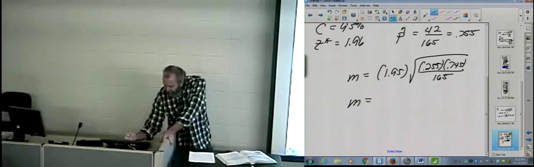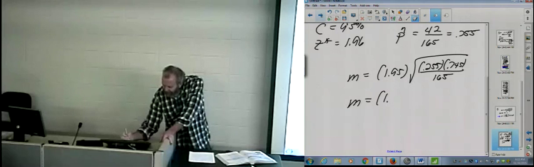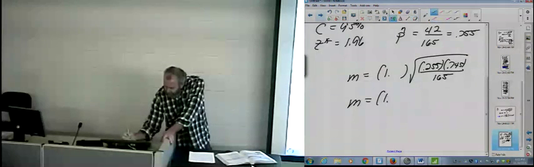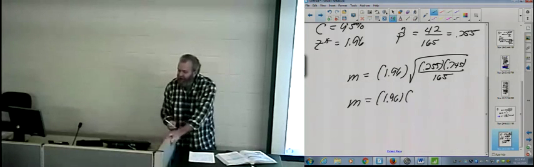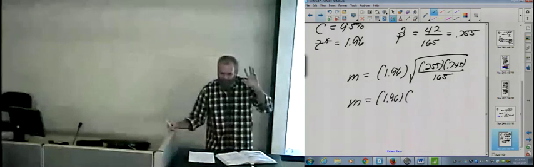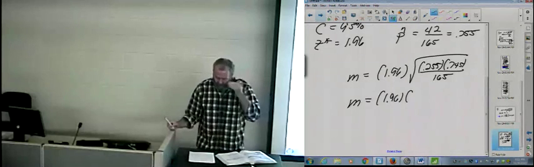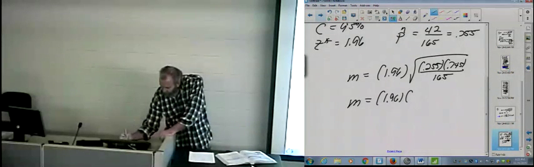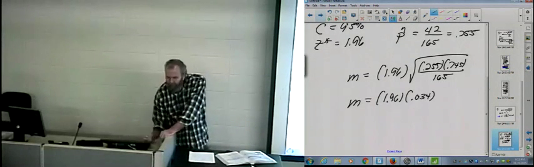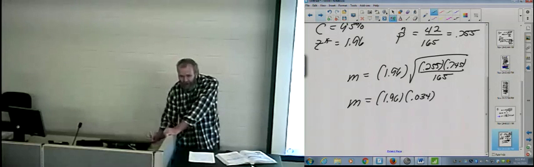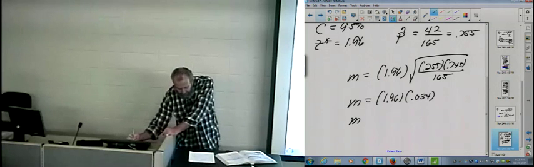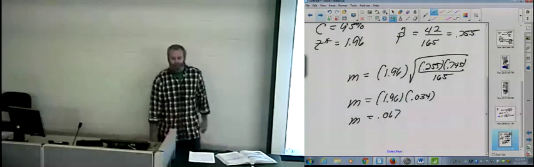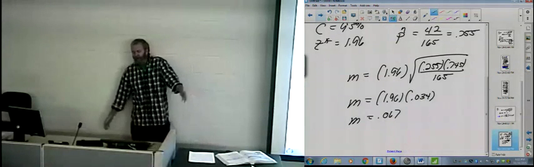The margin of error is 1.96 times, and for your little standard error, remember that's the square root of p hat, 1 minus p hat, over n. I got 0.034. I'm doing them in little pieces. Your margin of error here is 0.067. That's what it asked you for.